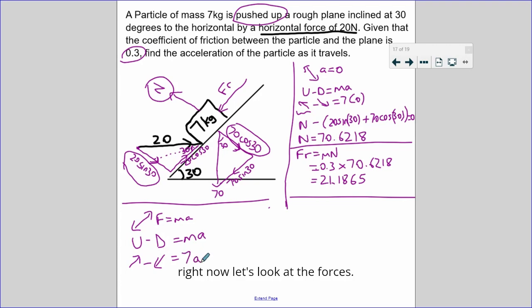Right, now let's look at the forces. Now going up, we have 20 cos 30, which was here. You can see by the arrow, it's going up. So 20 cos 30 minus going down, we have two forces. We have 70 sine 30 and friction.